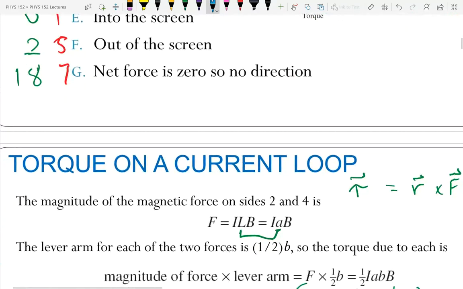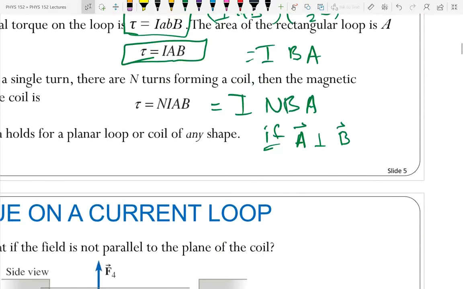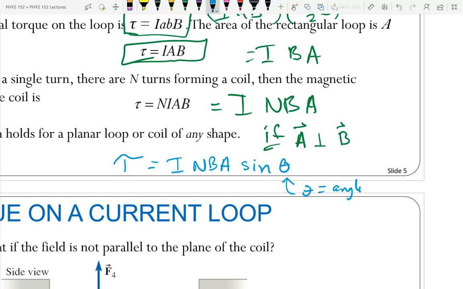So it turns out that this equation can be made general by saying the torque is equal to I NBA, and then it'd be sine of the angle between area and magnetic field.